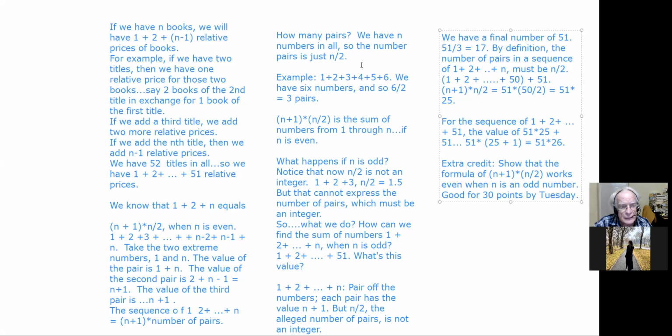Okay, well, that was fun. And it also, I think, suggests that barter is very inefficient because it involves a humongous number of relative prices. In this case, 51 times 26.